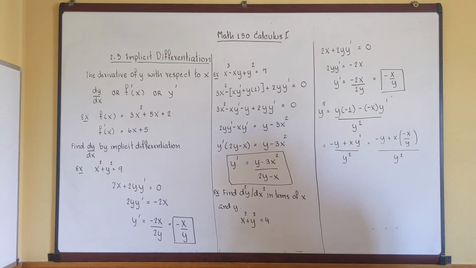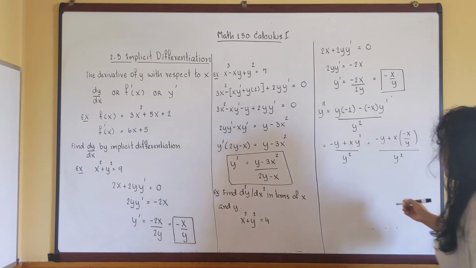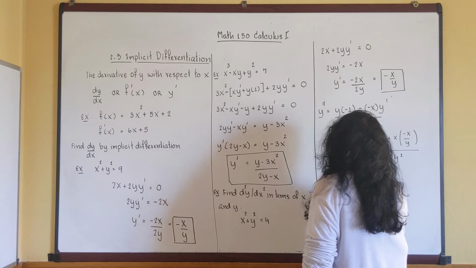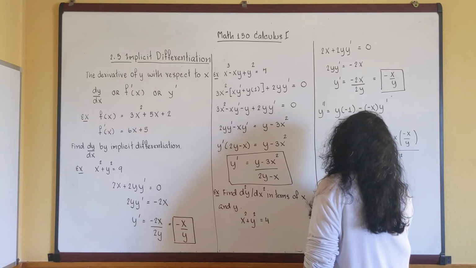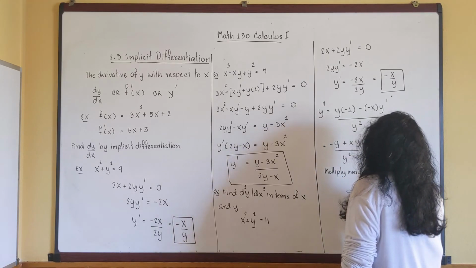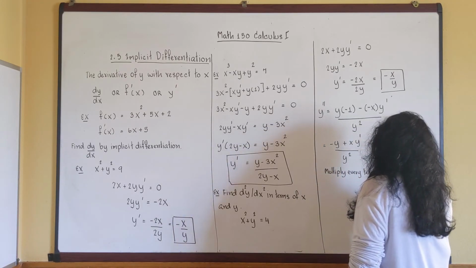Now we're almost done. We have everything in terms of x and y, but I want to get rid of the denominator here. So I'm going to multiply every term by y.